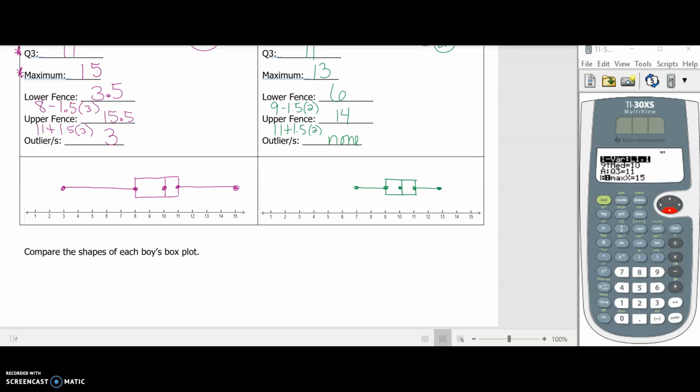So let's go ahead and look at what the distance is from the median to the maximum for Bob's. So the median to the maximum has a difference of 5. And from the minimum to the median, there's a difference of 7. So since the minimum to the median is longer, we say Bob's is skewed left.